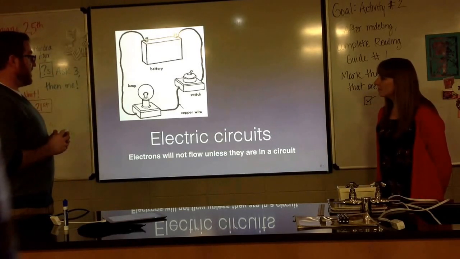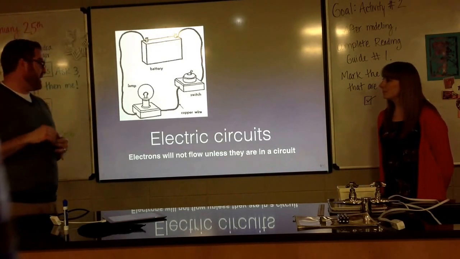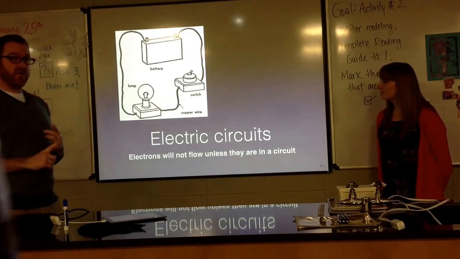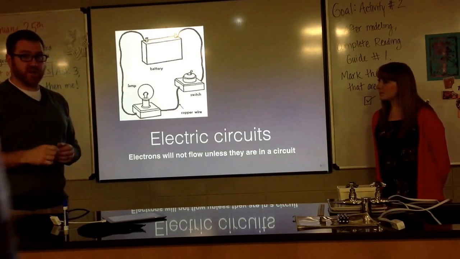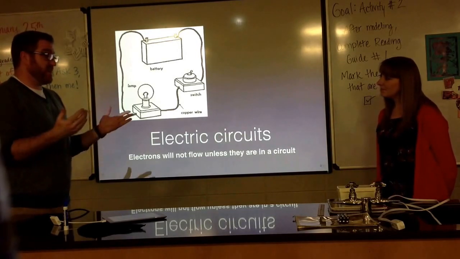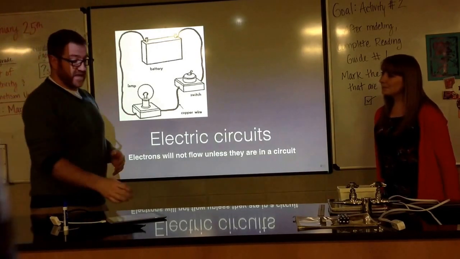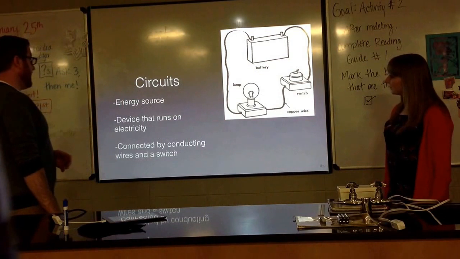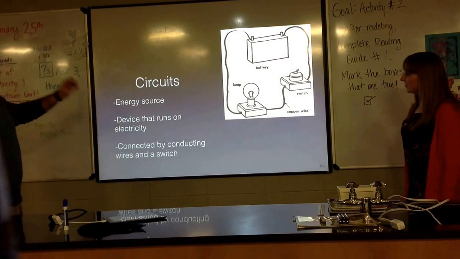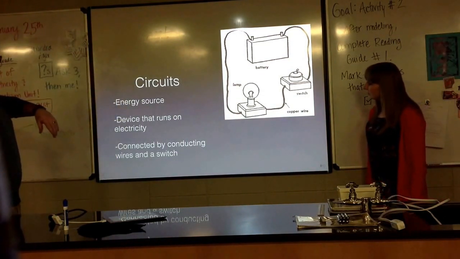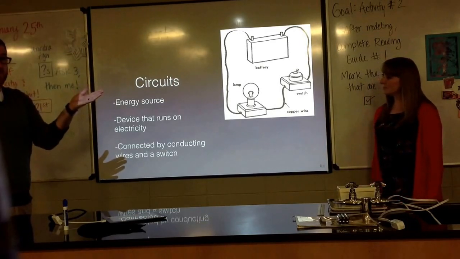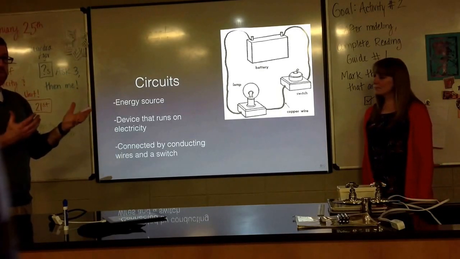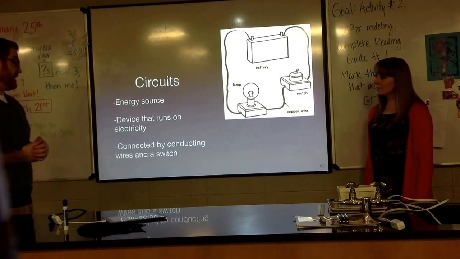Essentially, we're going to need a power supply, some wire or something to connect it all together, a switch to turn it on and off, and finally something to use the electricity. So to get a really basic picture, that circuit will basically help you control something that is powered by electricity.